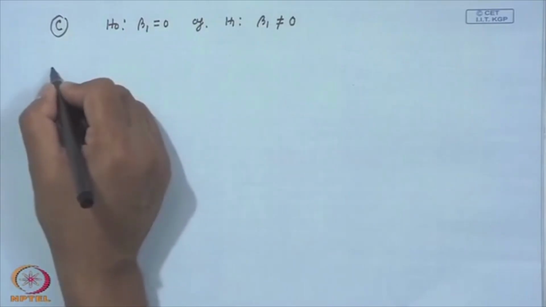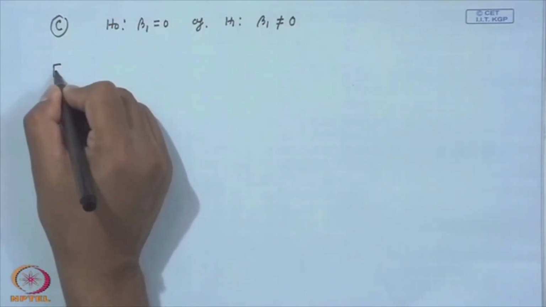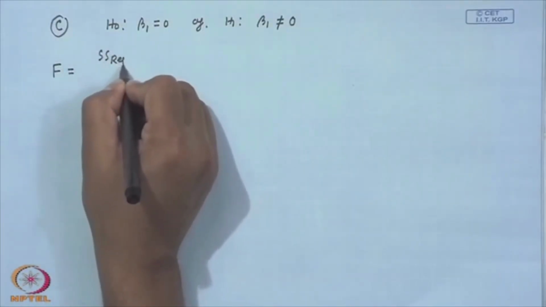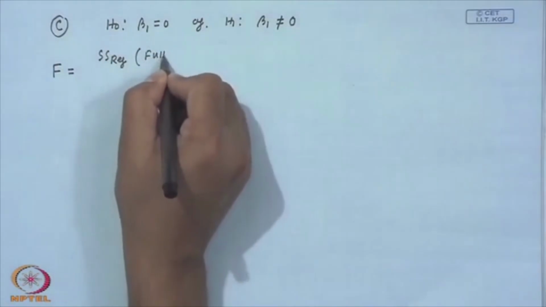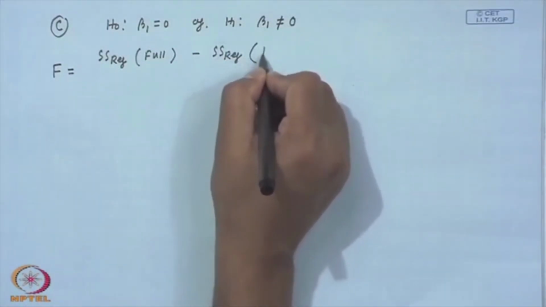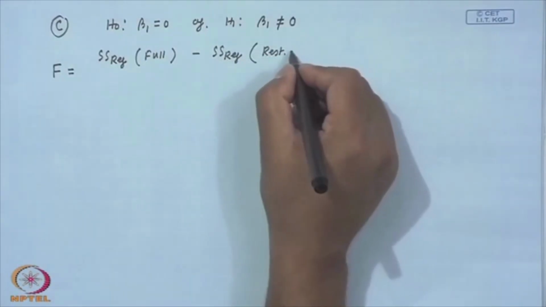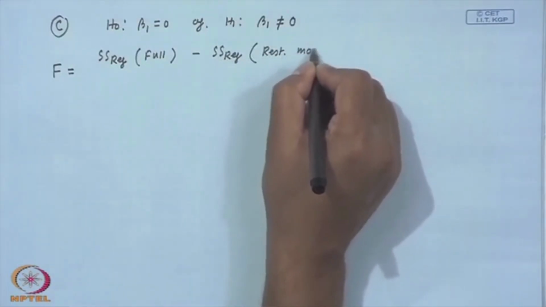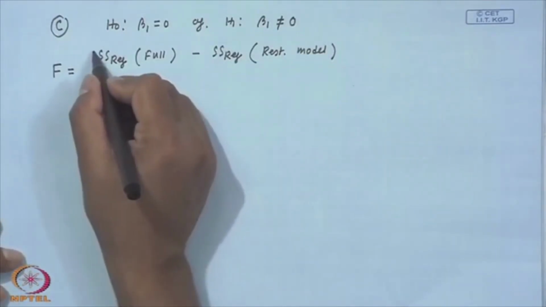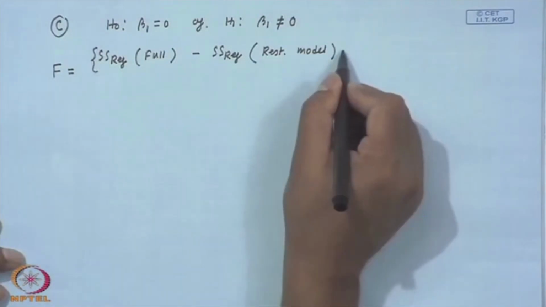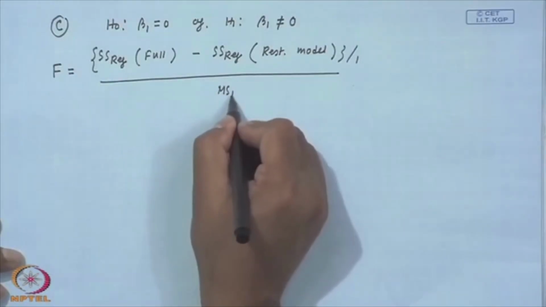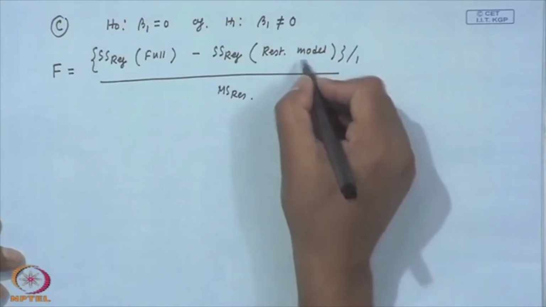So, here, same thing, the statistic for testing this hypothesis is f, which is SS regression for the full model minus SS regression for the restricted model, divided by 1, by MS residual. So, what is the restricted model here?